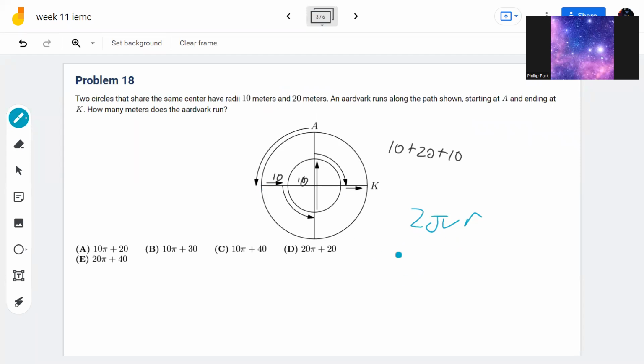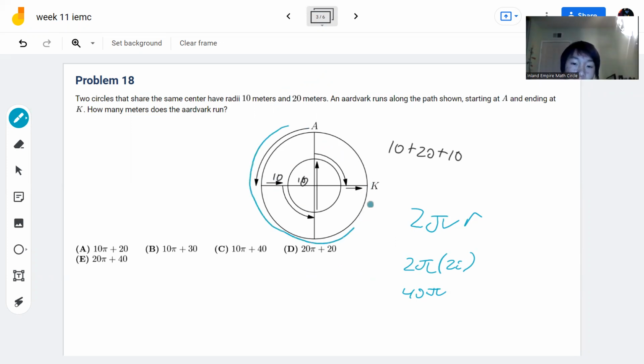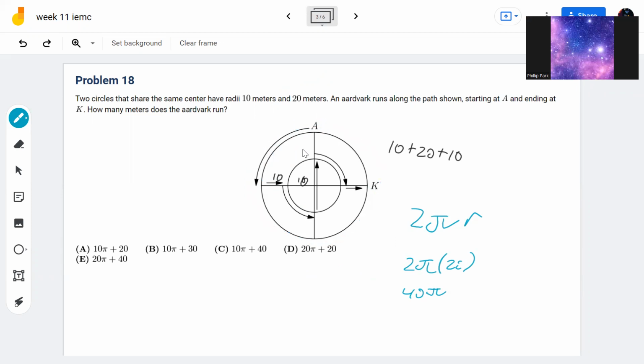From A to the other corner, 2 pi r would be 20 times 2, which is 40 pi. So 40 pi is the entire circumference, right? But we only want one quarter, so we want to divide by 4. So this distance here that's running is 10 pi.